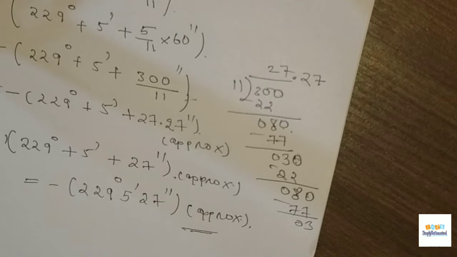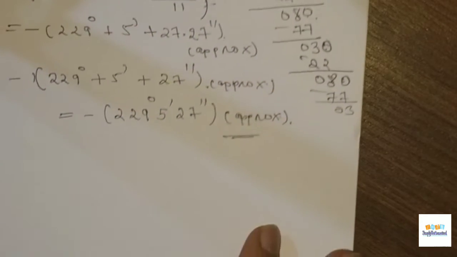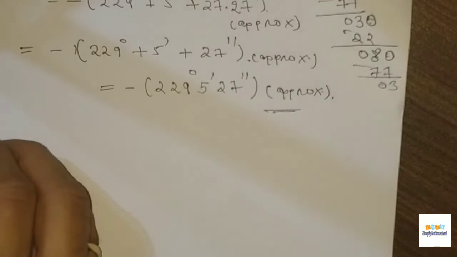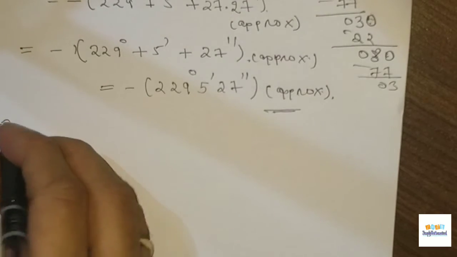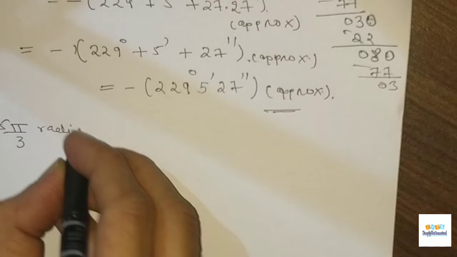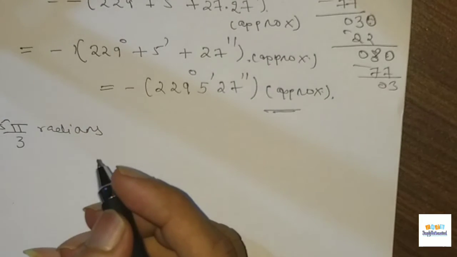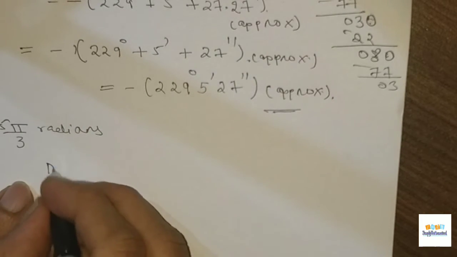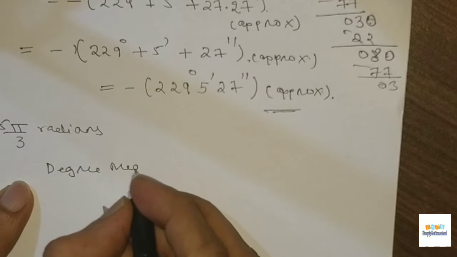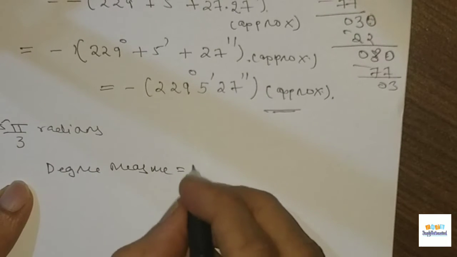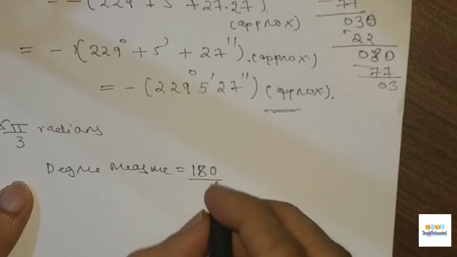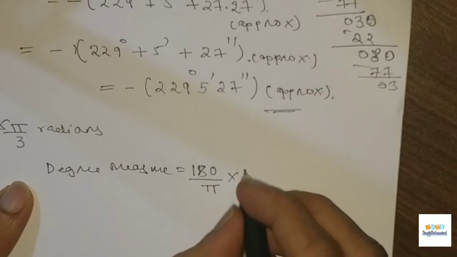Now let us go to the third problem. Third problem is 5 pi by 3 radians. This is given to us. We have to convert into degree. So degree measure is equal to 180 by pi into the radian measure.